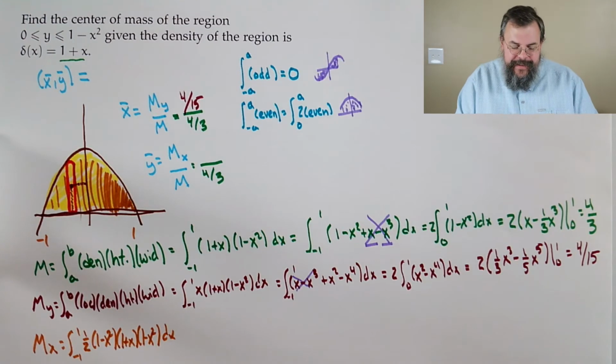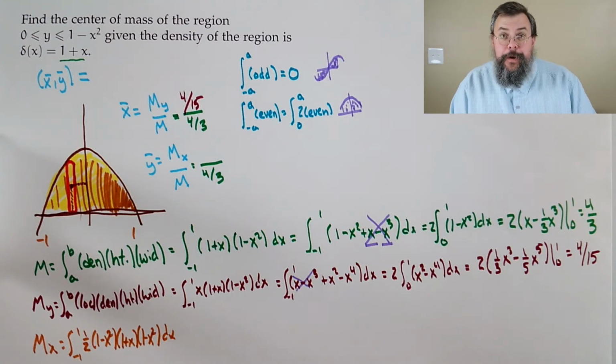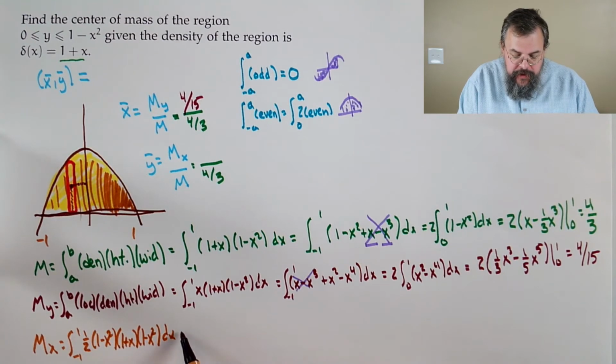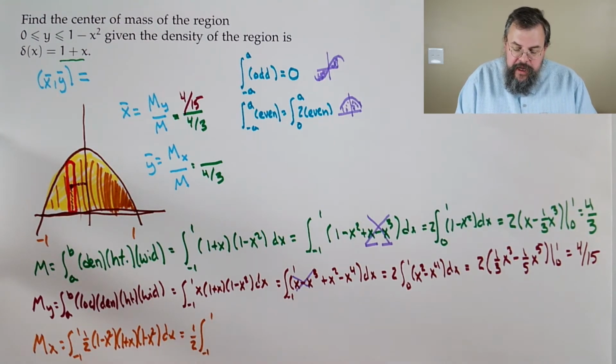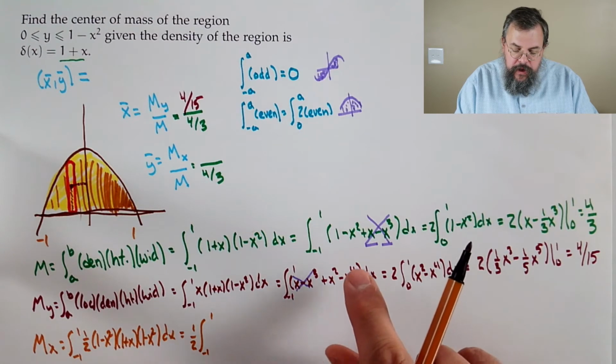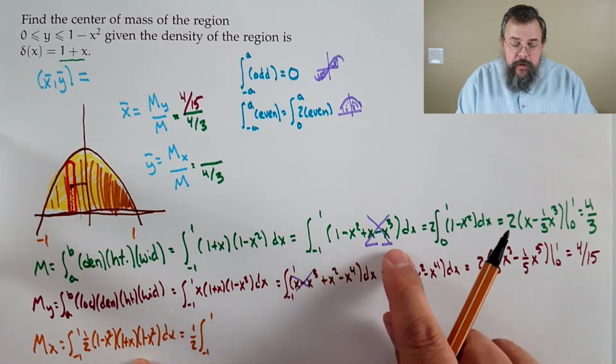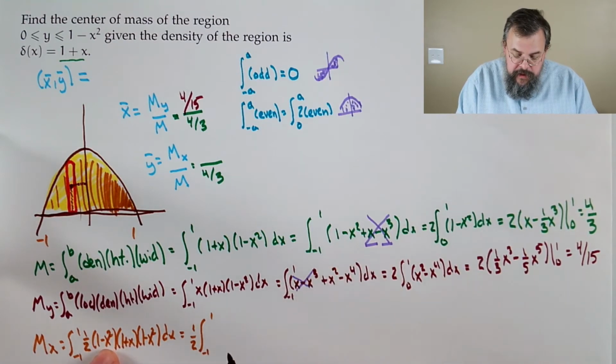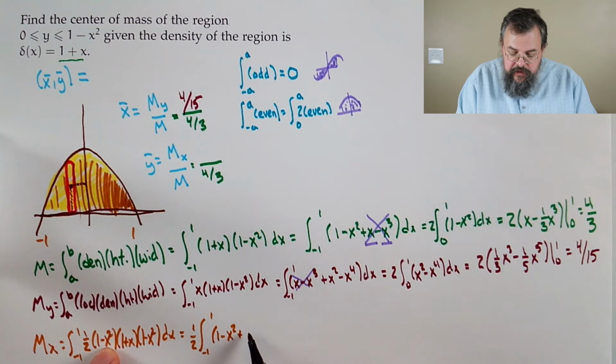We're going to need to be patient here. So we have a 1/2 integral from -1 to 1. If we multiply this out, well, it's actually not so bad. We know what 1 plus x times 1 minus x squared is, because we did that. So we'll multiply that by 1, which would give us 1 minus x squared plus x minus x cubed.